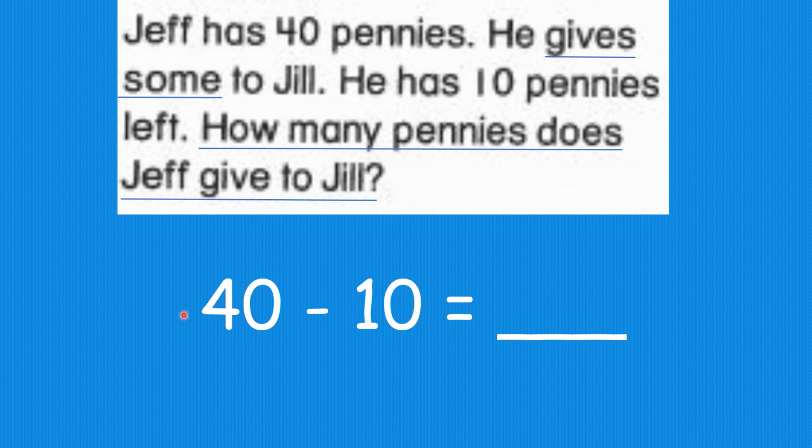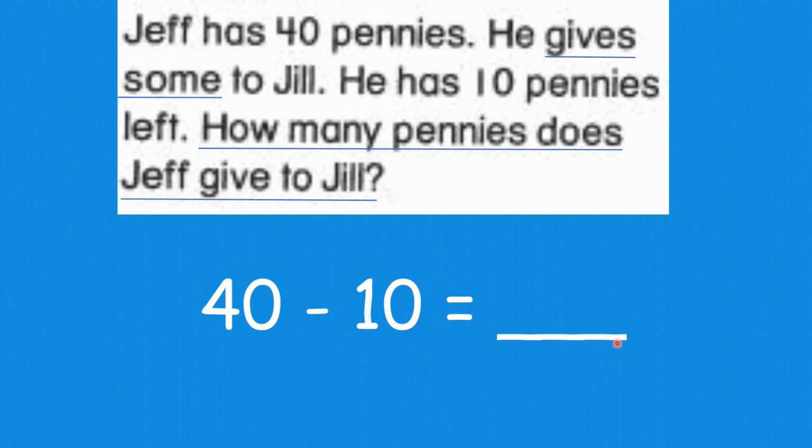So here's our problem. We're going to start with 40 because that's how many pennies Jeff started with. We're going to subtract the 10 pennies that he has left to find out how many pennies he gave to Jill. So I'm actually going to give you a minute. Pick whatever method you want. You can count on your fingers. You can count by tens. You can draw a model real quick.